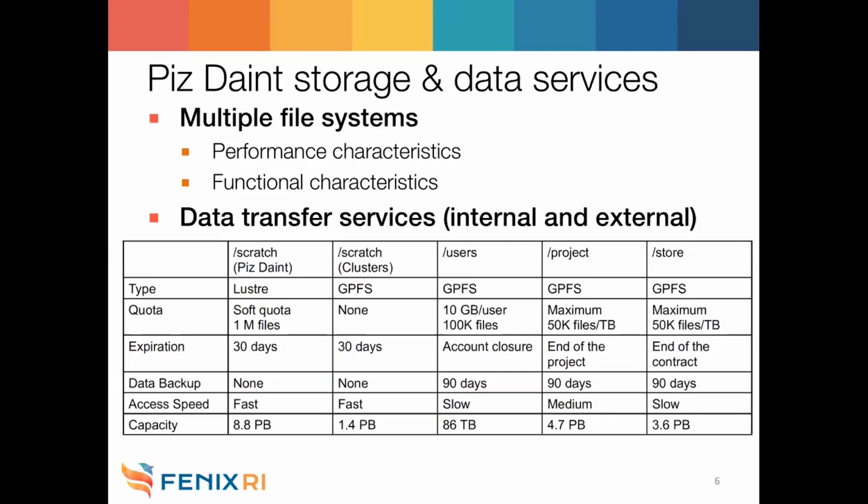And the project is the file system where you would like to keep your stage in and stage out data. And it has, again, a limit depending on the project, and you have a timeline for how long you can keep the data there. And I will skip store because it's an additional service that is offered to projects, but it has virtually similar characteristics as project.